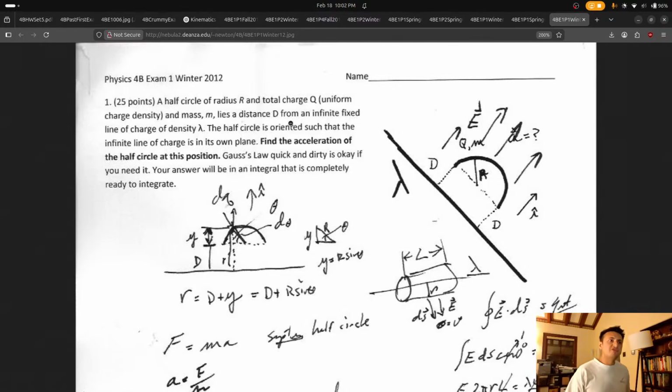So first you find the E field, and then you do a dq over minus pi over 2 to pi over 2. But when you integrate the E to Q, you need to be careful because we need to do this one.